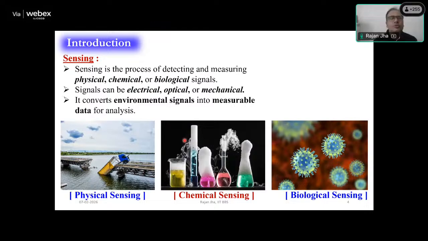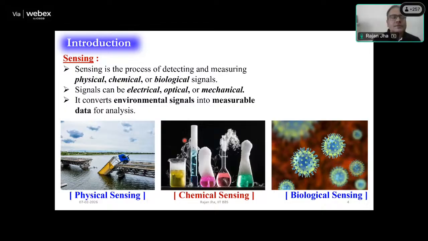Let's just talk about what sensing is as such. If you see a human body, we have 5 sense organs, right? All of us know that, and these are the organs through which we perceive different types of feeling or sensation as a human.